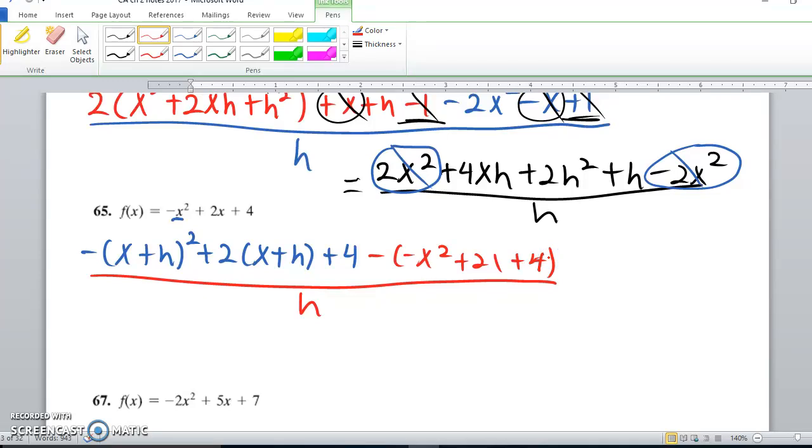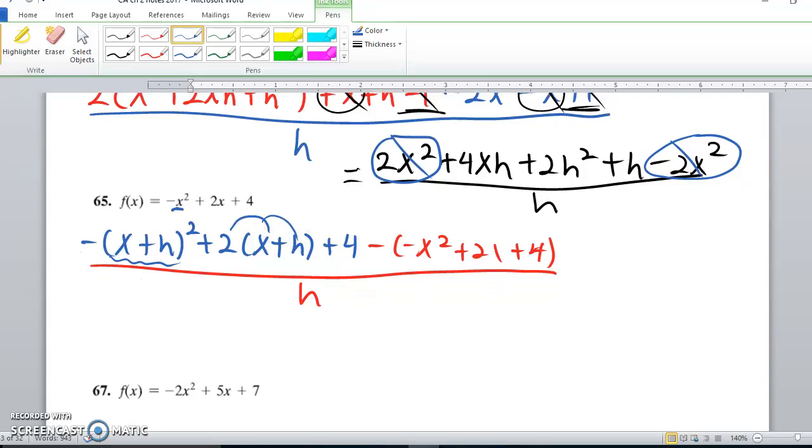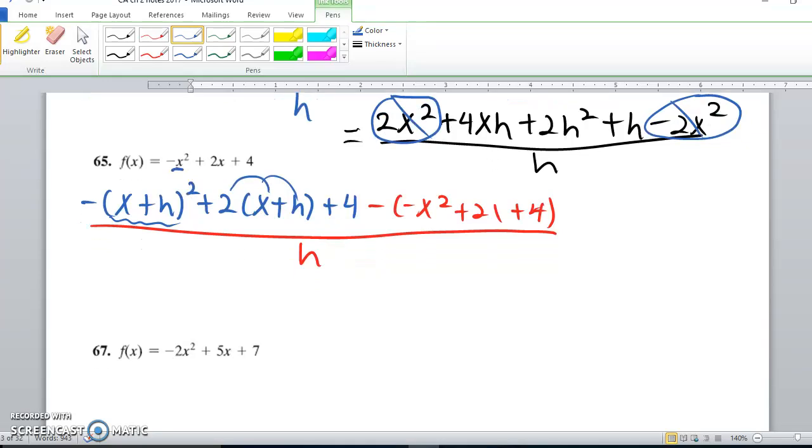You're basically going to see the same thing that we saw in the previous problem right here. And then here we're going to want to distribute the 2. So once again, that negative needs to wait until after I go ahead and square the binomial, which gives us x squared plus 2xh plus h squared.